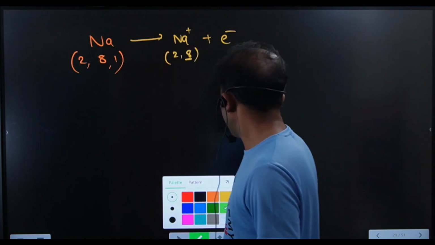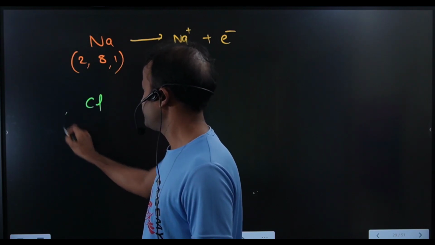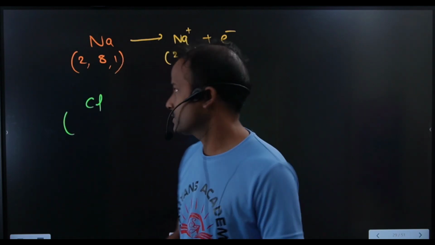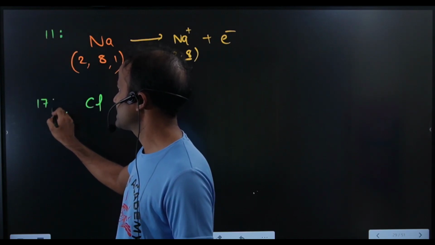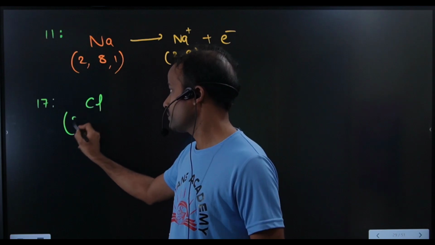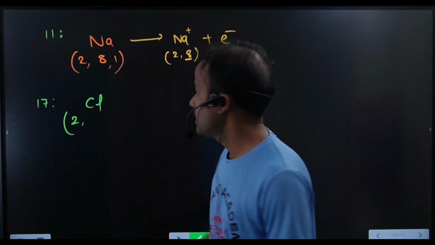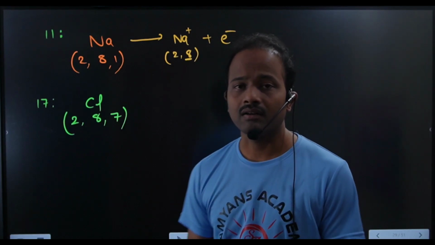Now in the case of a non-metal, take chlorine, right? You write the electron configuration of chlorine. Sodium's atomic number is 11 and chlorine's atomic number is 17. You distribute these 17 electrons in the different orbits. The first orbit has 2 electrons, the second orbit has 8 electrons, and the third orbit has 7 electrons, right?